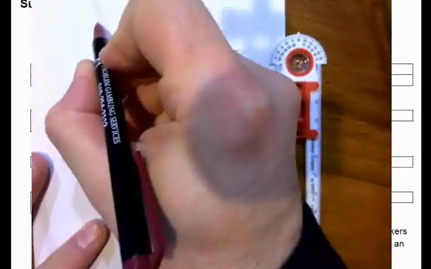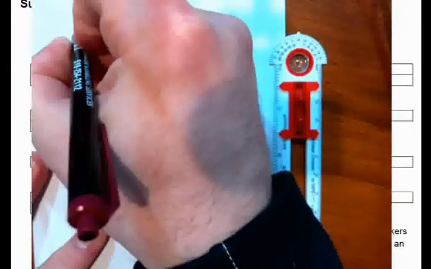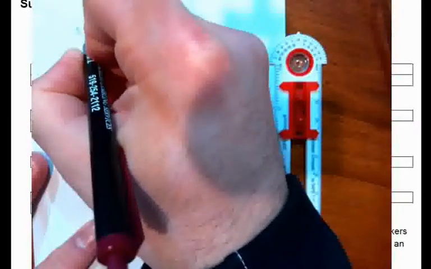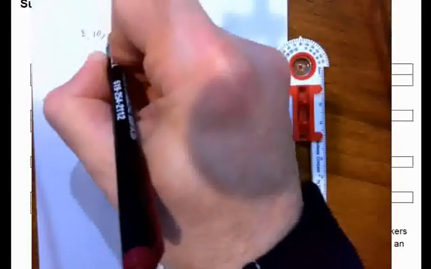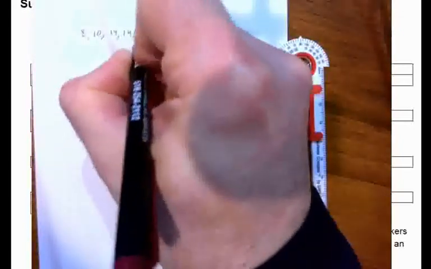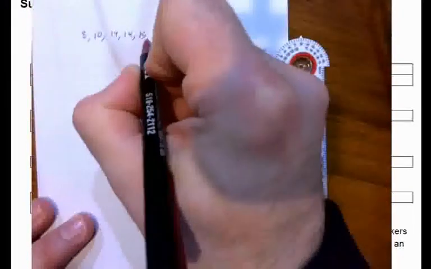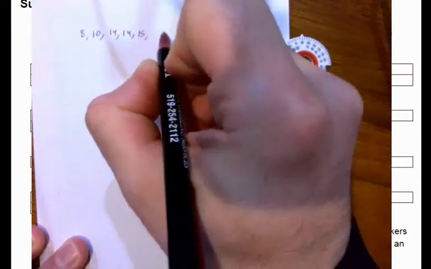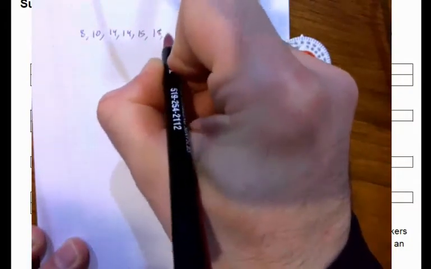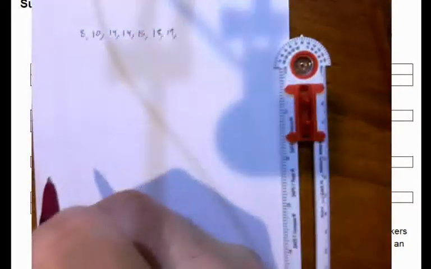So the first step is to write this in order. Let's start with our lowest number, which is 8. And then we have 10, 14, 14, 15. After 15, I have 18 and then 19.